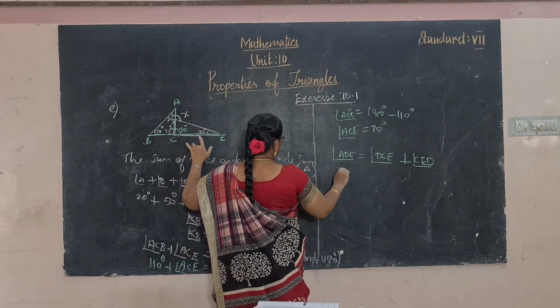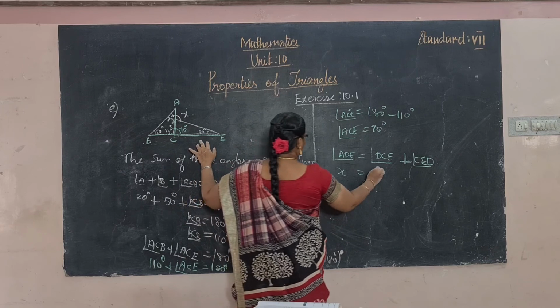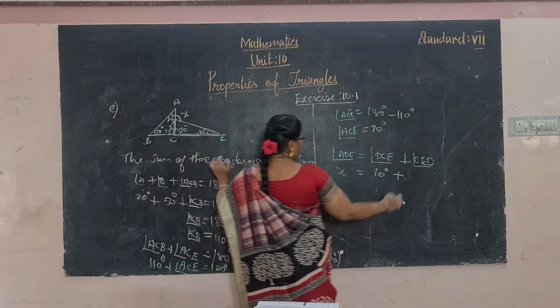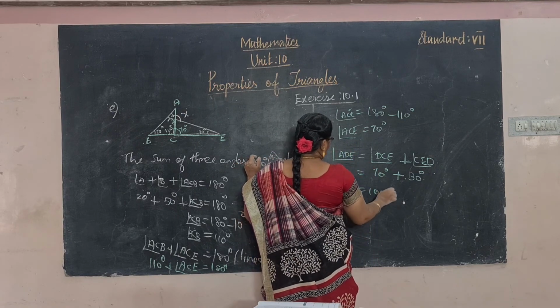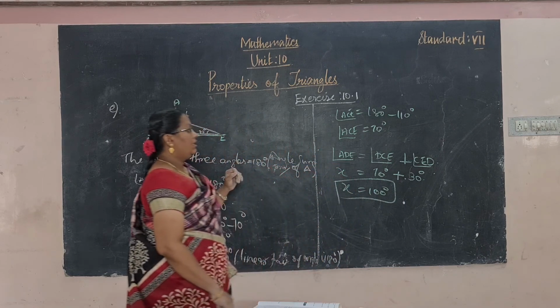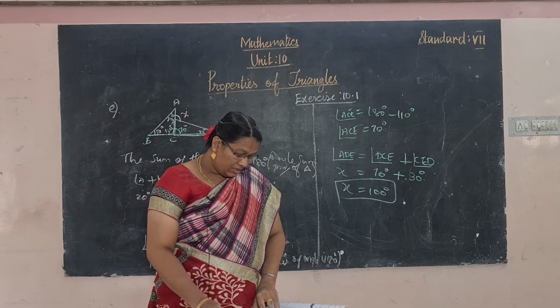So angle X is equal to DCE plus CED. DCE value is 70 degree plus CE value is 30 degree. So the X value is 100 degree. Thus the X value is 100 degree.